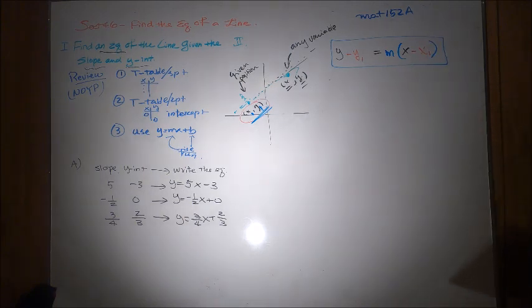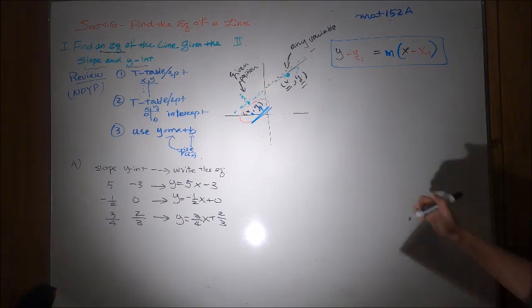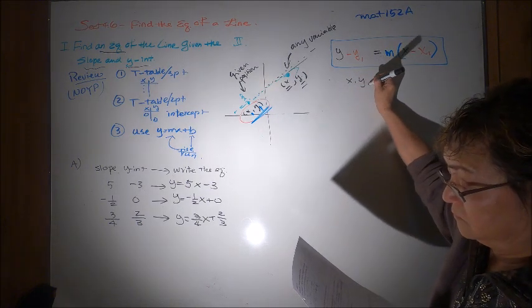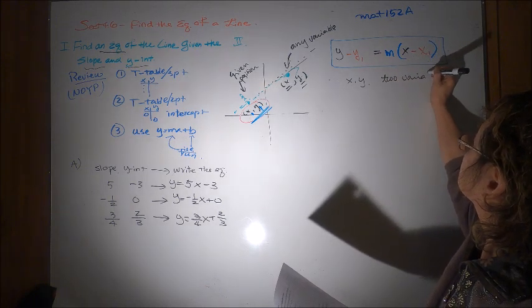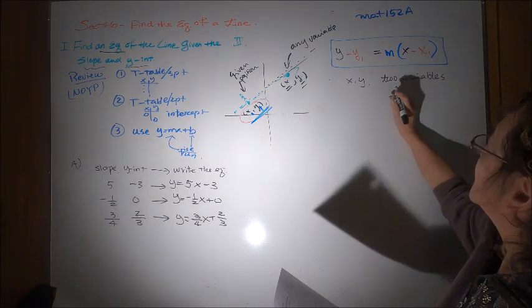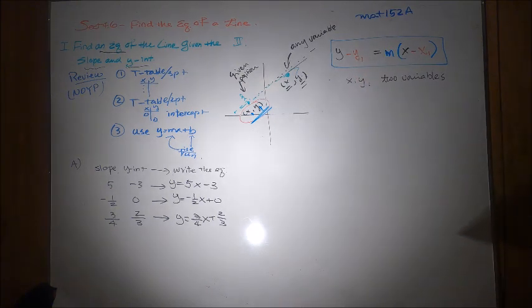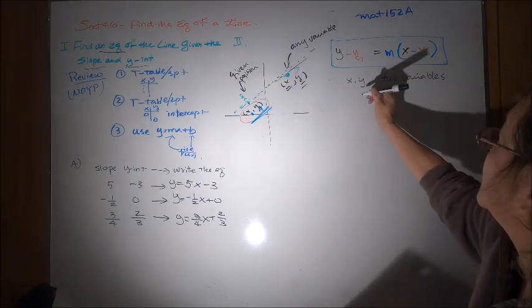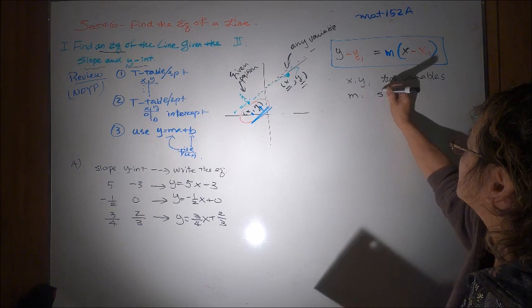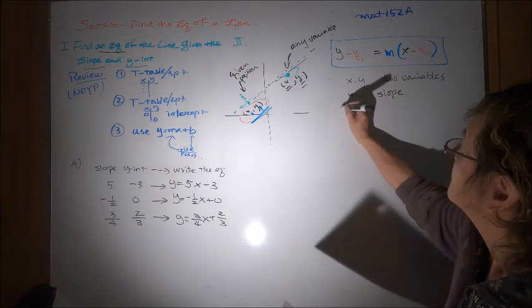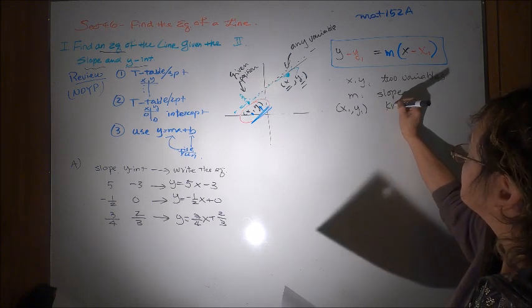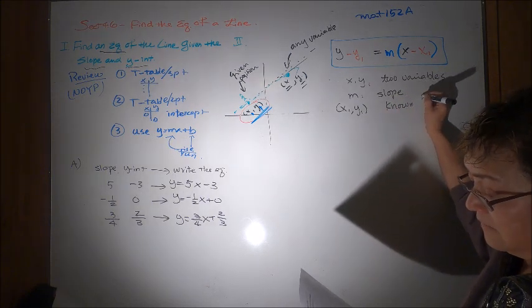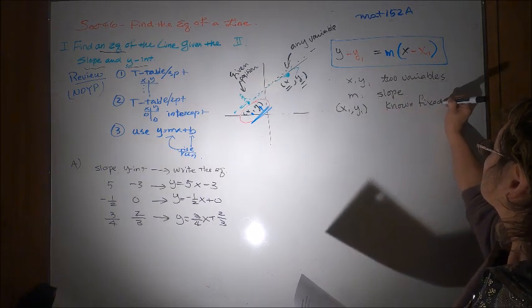So x and y are your two variables, right, of the linear equation. Then m is your slope, right? Then x1, y1 is a non-fixed point given.